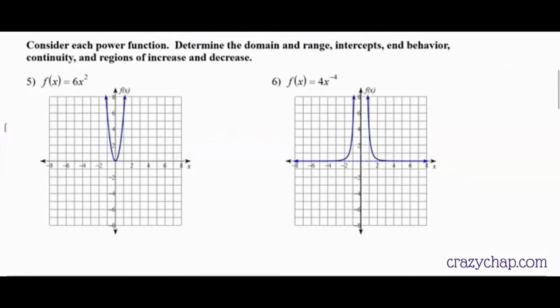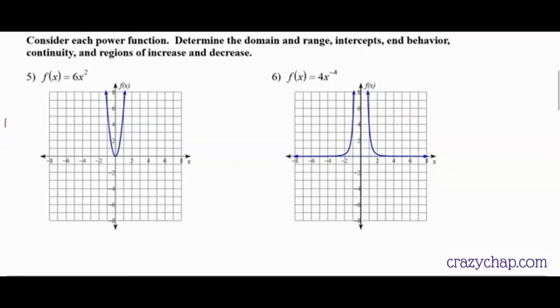Have a look at question number 5. Question is saying, consider each power function, determine the domain and range, intercepts, end behavior, continuity and regions of increase and decrease. So everything we'll talk about that. Because the graph is already given to us, guys, so domain means all the x values that this function covers.